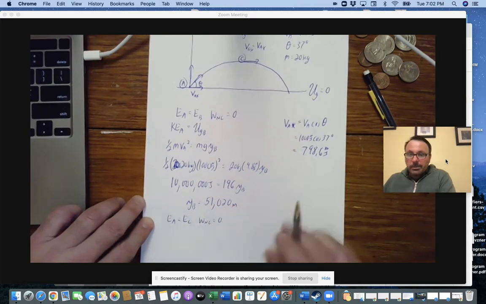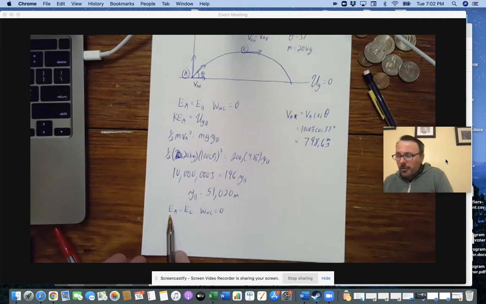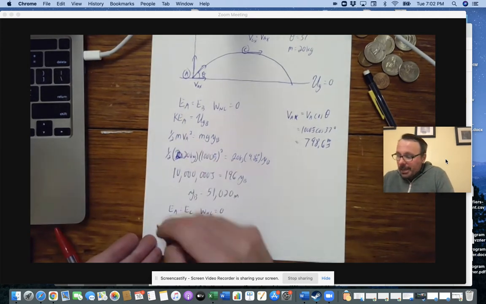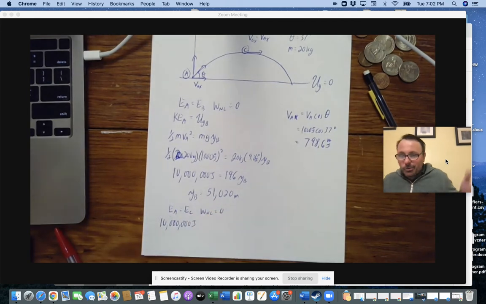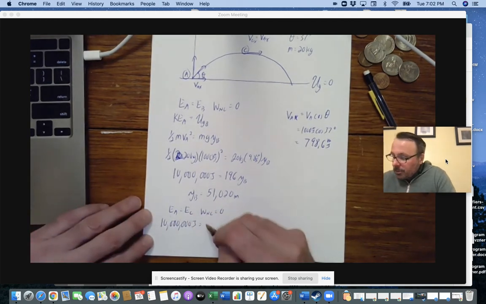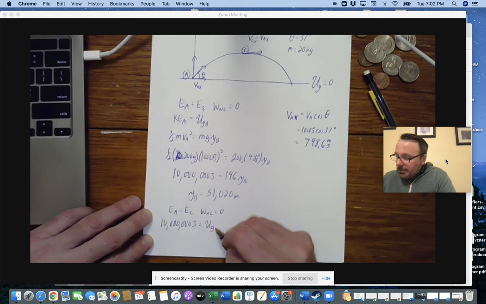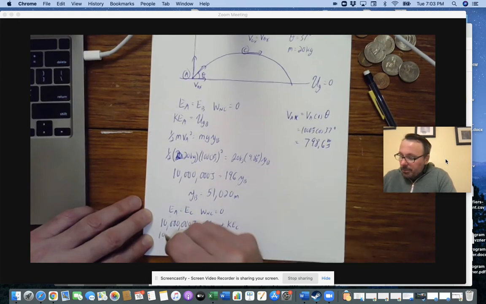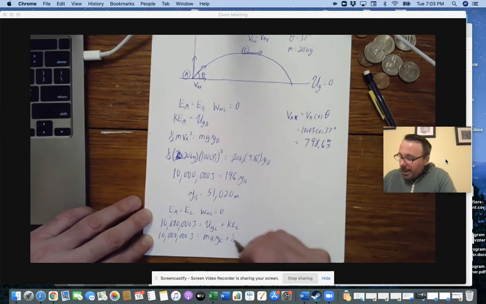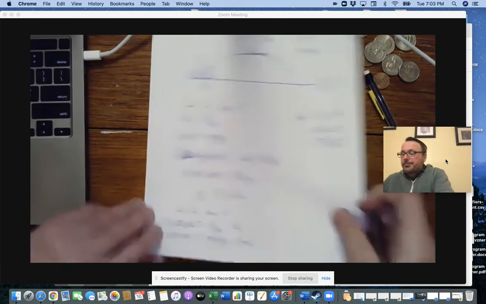So that now I can do that EA is equal to EC because the work done by non-conservative forces is equal to 0. Now I'm not going to plug in anything over here because I know the energy at A is just 10 million joules. Done. The energy at C would be the potential energy at position C plus the kinetic energy at position C. So now I can plug in for these. So 10 million joules is equal to m g y at C plus 1/2 m v at C squared.